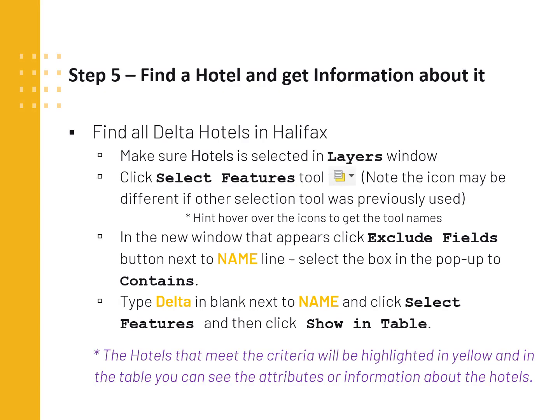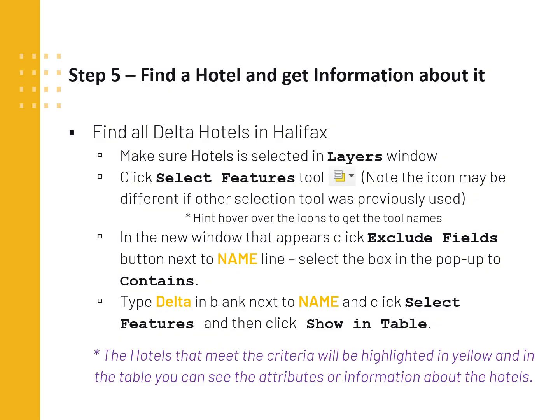So hopefully you've realized turning the labels on does make it more efficient to find our Delta hotels. But what happens if there's some Delta hotels that are just off screen, or perhaps on the Dartmouth side? So how do I find all of the Delta hotels at once? In order to do that, we're going to make sure that hotels is selected in the layers window there on the left.